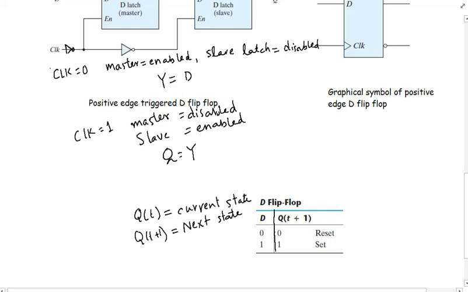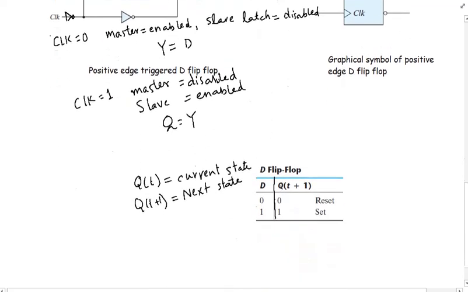So Q(t+1) is the next state of the flip-flop after the edge triggering. So when D is equal to 0, the output will be equal to 0. And when D is equal to 1, the output is equal to 1. And this triggering only happens at the positive edge of the clock pulse or negative edge of the clock pulse, rather than the signal levels, such as we have discussed in the D latches.